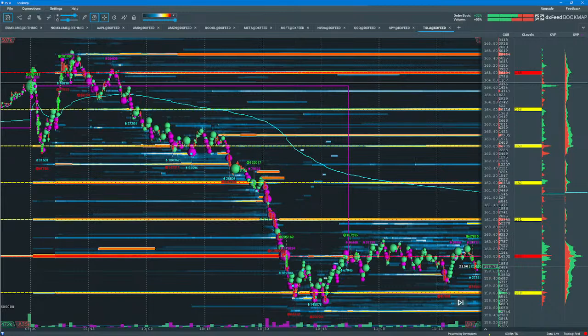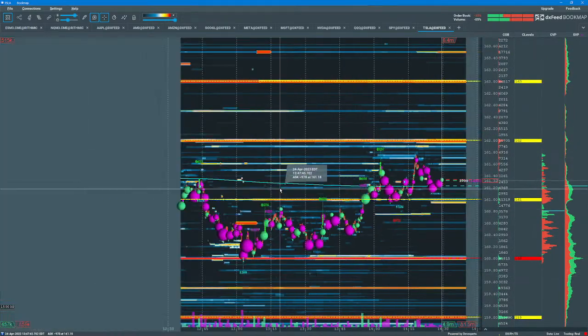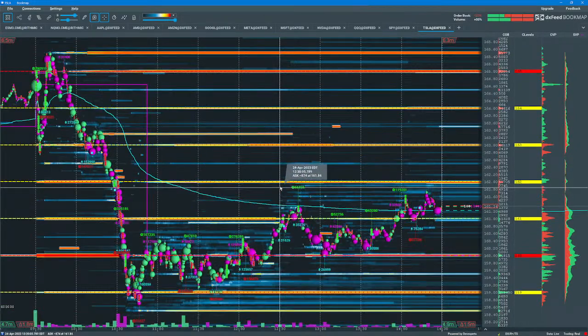So here's the short setup in Tesla today. Reversal at the 165 hedge wall. Lower high, break below VWAP with a 160 high liquidity target. There's Tesla. Let's do a quick check of the indices again.